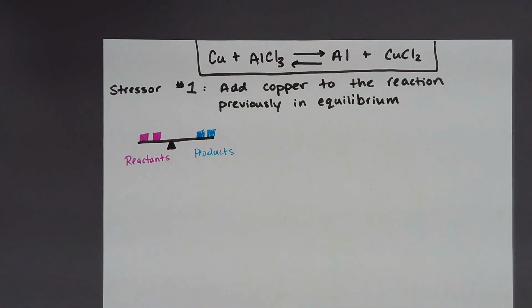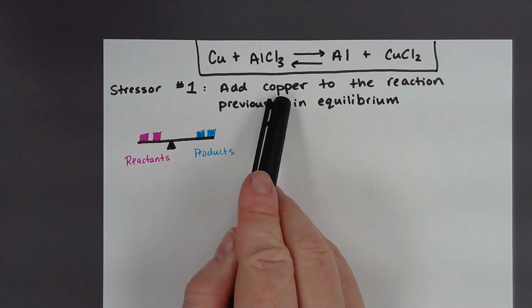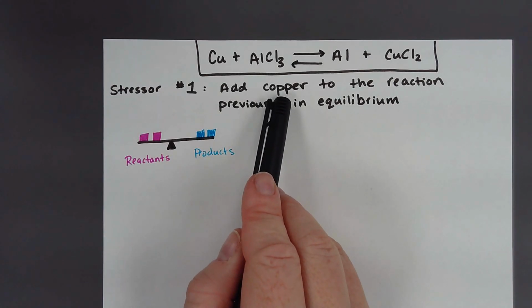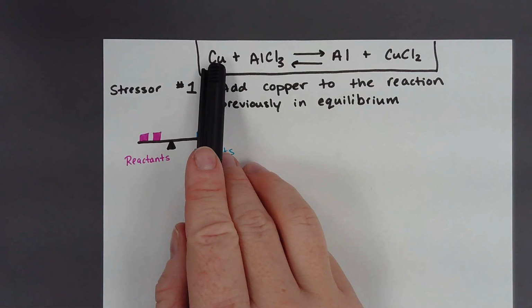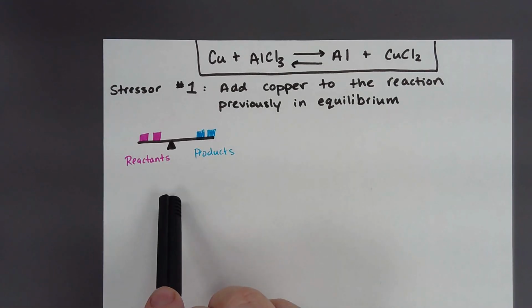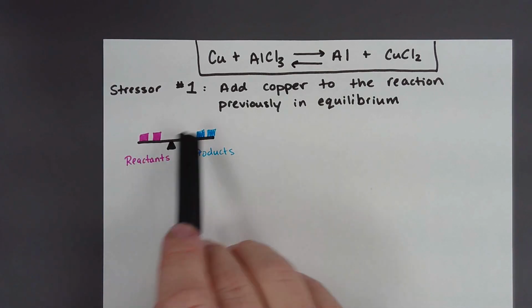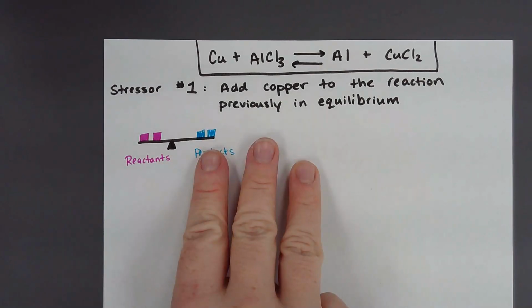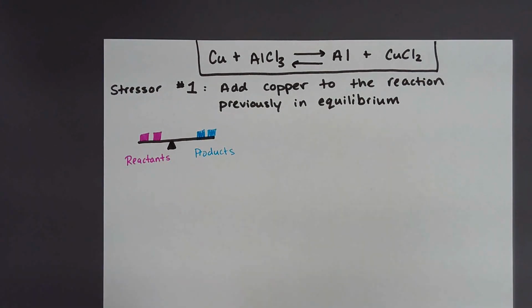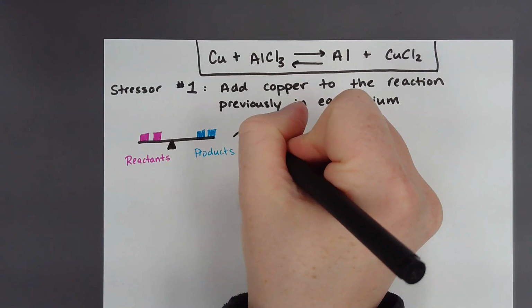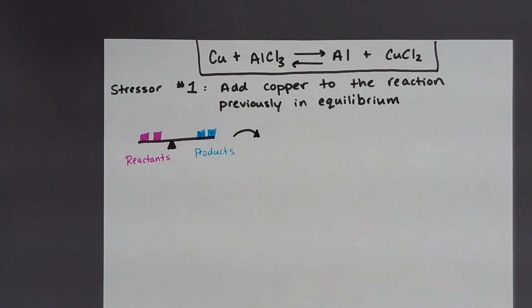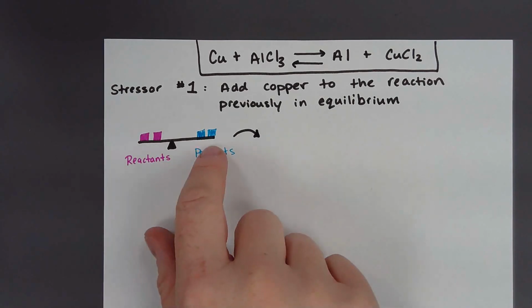Now I'm gonna add the stressor and see how this impacts my teeter-totter. I am adding copper. When I look up at my equation, as it's written, copper is a reactant. So when I redraw this teeter-totter, instead of 2 reactant boxes, I'm now going to have 3 because I'm adding copper. So I'm going to add that stressor, and now I have 3 reactant boxes on my left, but my products didn't change.